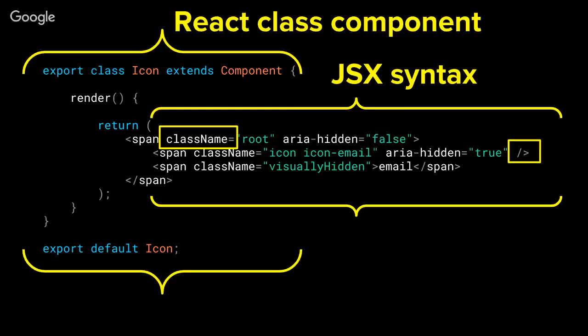JSX is a JavaScript extension which is used in React, and this allows us to write JavaScript that looks like HTML, but is compiled into JavaScript, and it creates a virtual representation of the HTML elements that the component will output. When React actually writes these instructions to the DOM, the output of the component is HTML and will look like this.